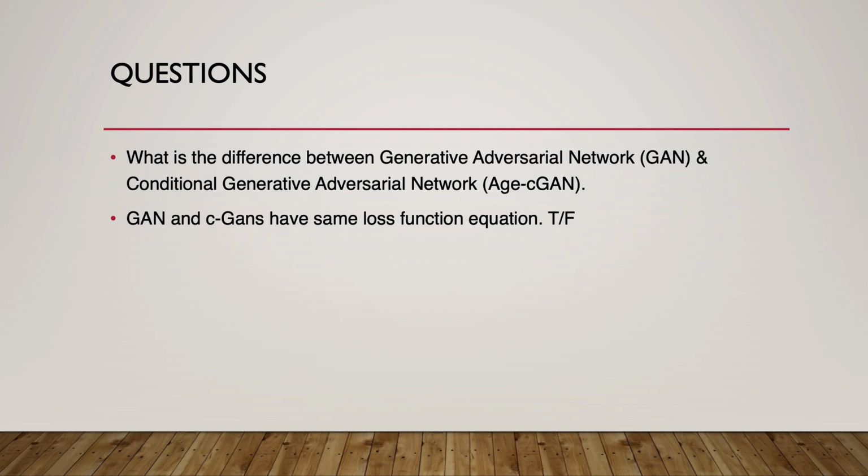They do not have the same loss function, since c-GANs are conditioned on conditions such as age groups and categories, but GANs are not conditioned on anything else.